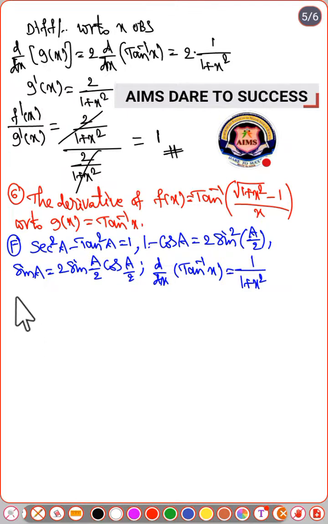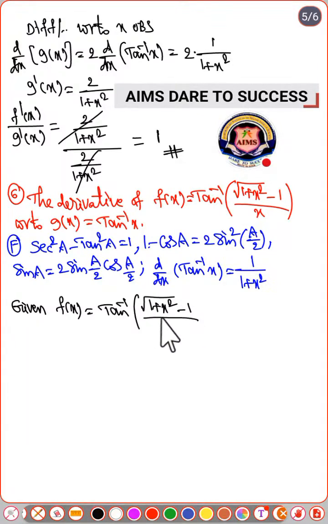First of all, write the given f of x equal to tan inverse of root of 1 plus x square minus 1, by x. Like the previous question, put x equal to tan theta.